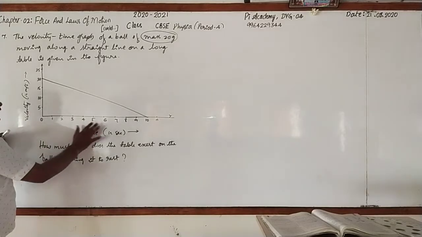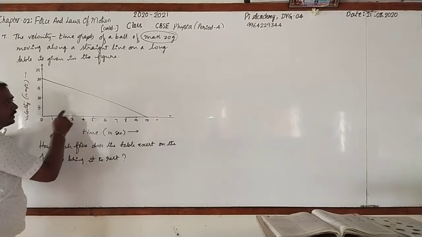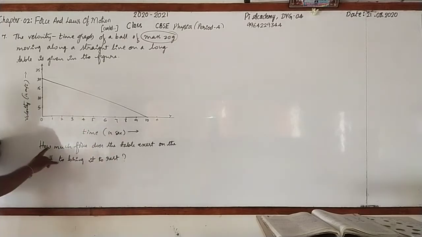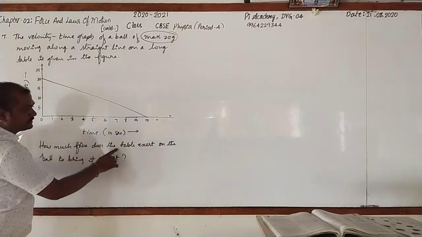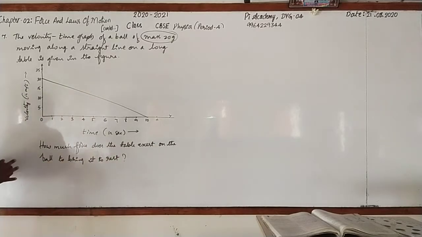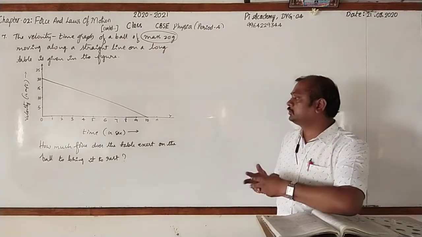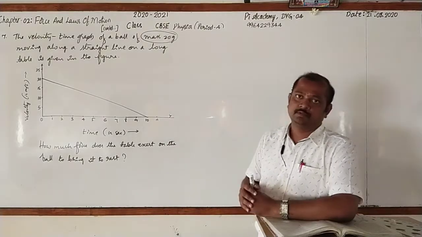See, here time has been given and this is velocity. You can notice that. How much force does the table exert on the ball to bring it to rest? What amount of time will it take to come to rest?